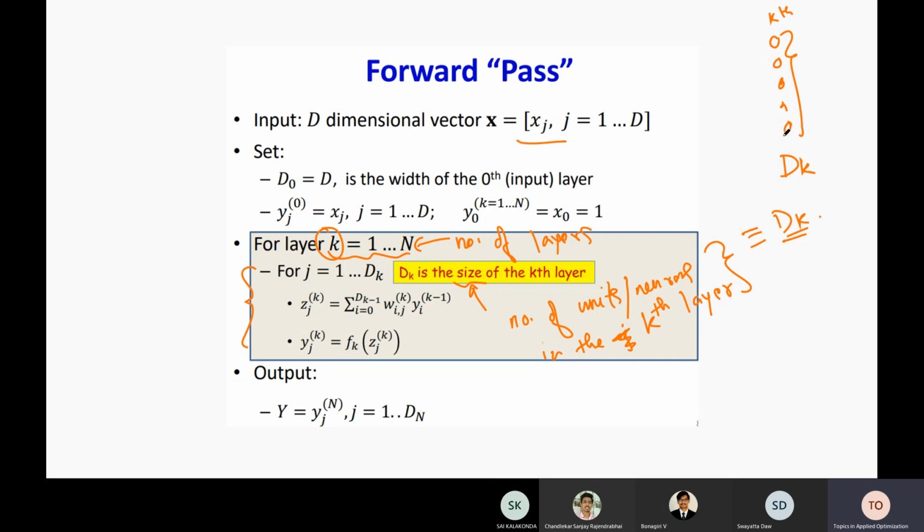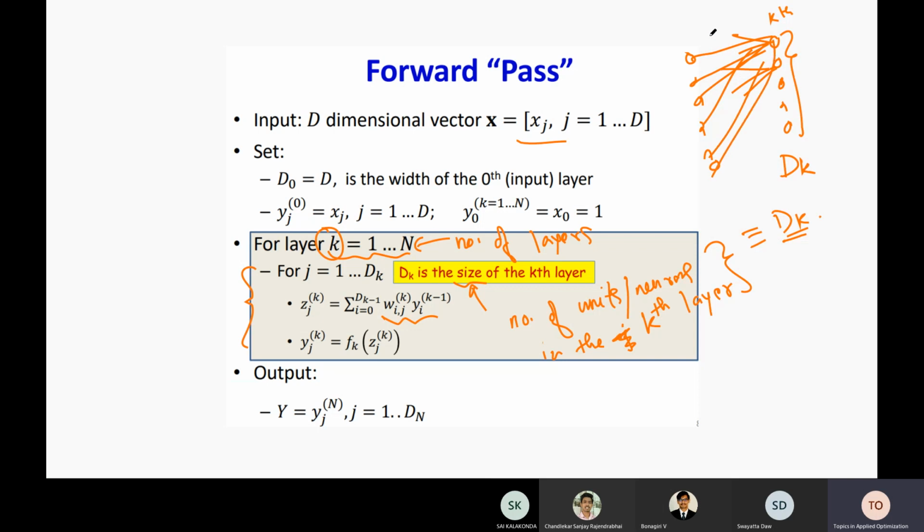The for loop will go over all the neurons, right? Each neuron does a linear combination of the weights and the previous outputs. These are the previous layer neurons, and all of these are going here.